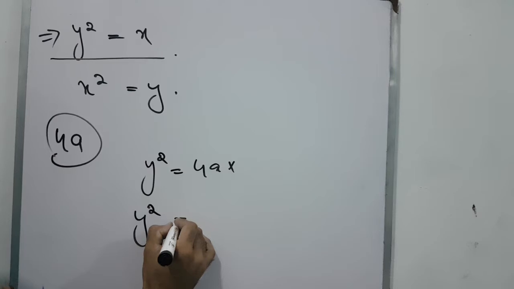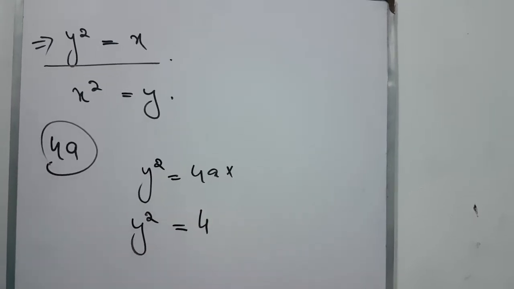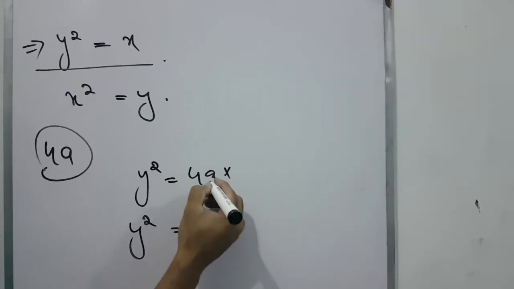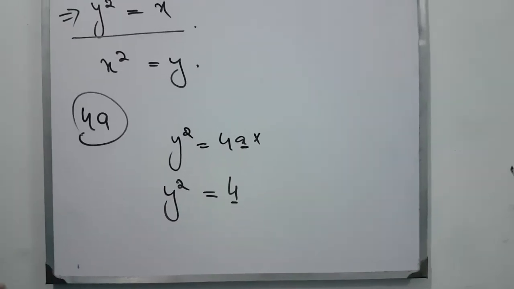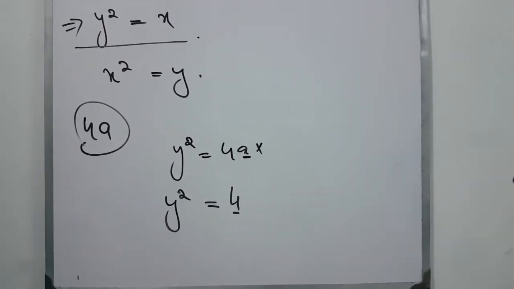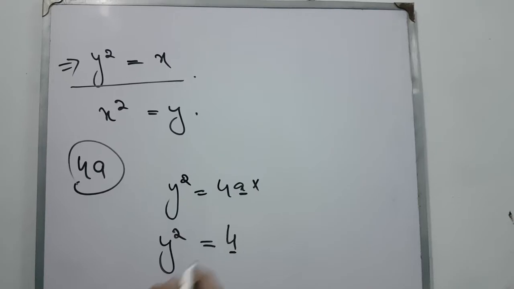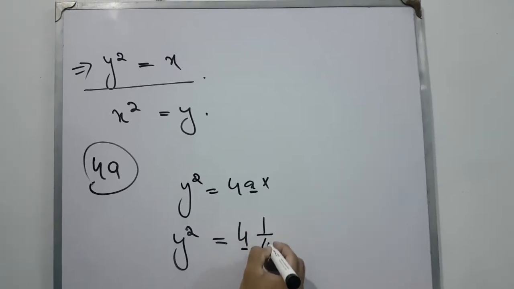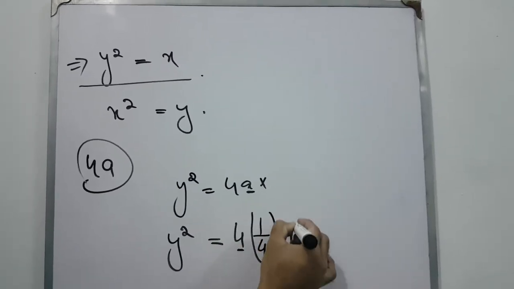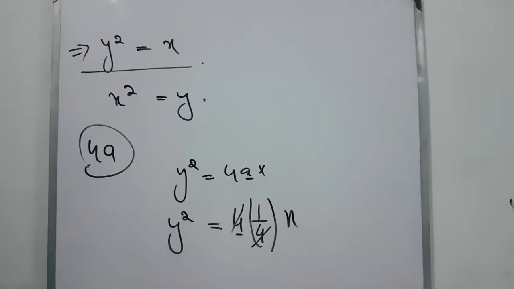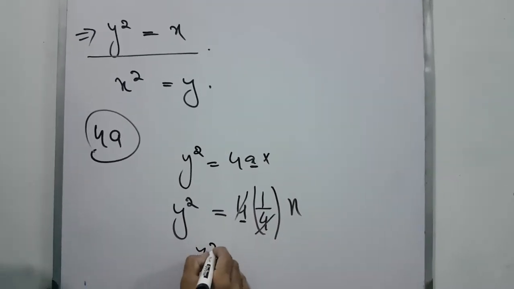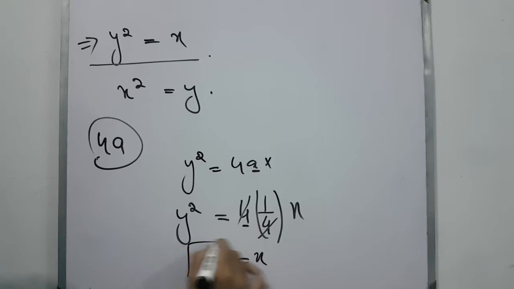Carefully notice that 4 is a constant number, so it doesn't change, while a is a constant that can have any value, whether negative or positive. Here a has the value 1/4, so our equation becomes y square equals x.